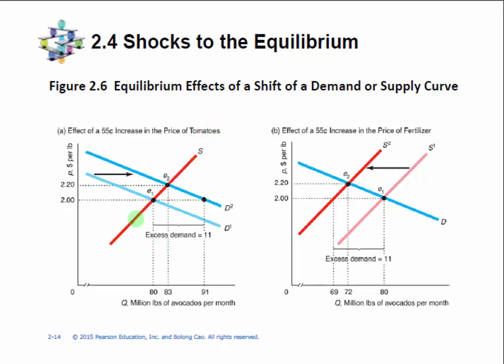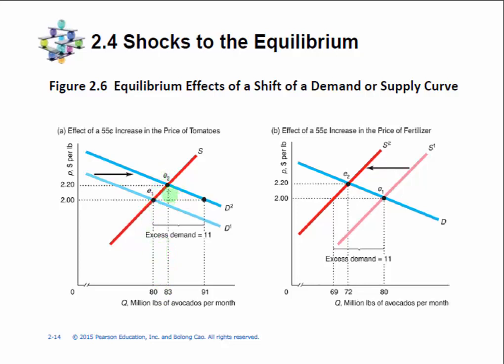The supply is still where it was, and then you have an increase in the demand. The position of the demand curve changes from D1 to D2, and the equilibrium changes from E1 to E2. The price increased by 20 cents. The equilibrium quantity increased by 3 million pounds.